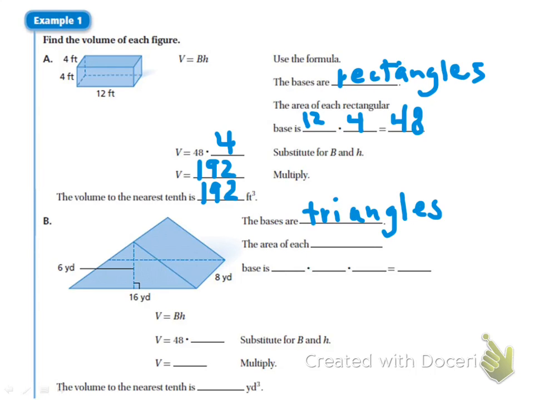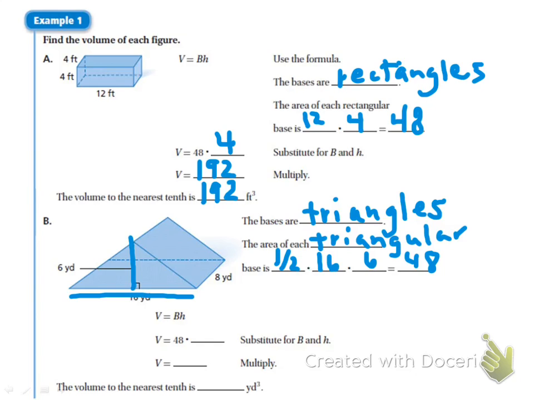So the area of each triangular base is, Jack? 96. Oh, but wait, we have to multiply by 1/2. So the actual answer is 48, because we multiplied 16 times 6 to find the base, which is 48. So that's one of the bases.